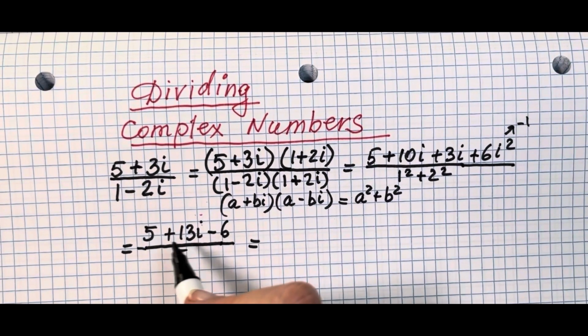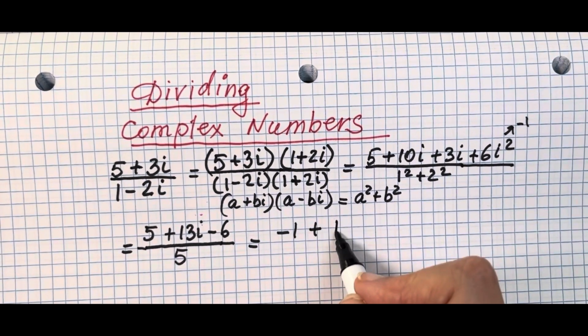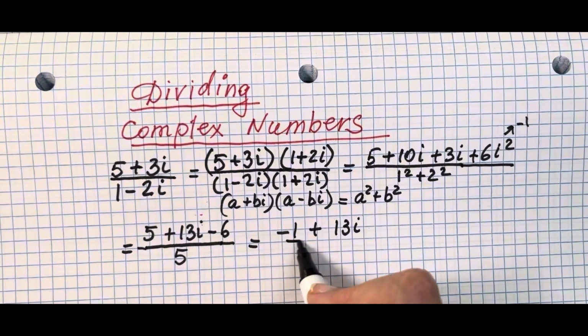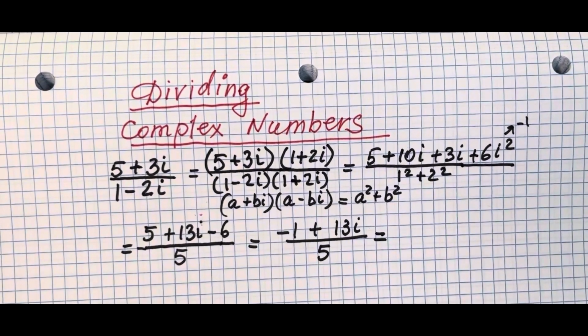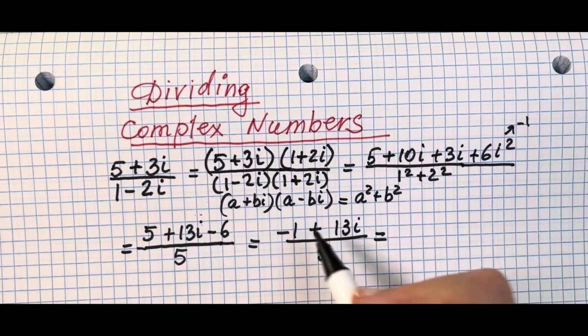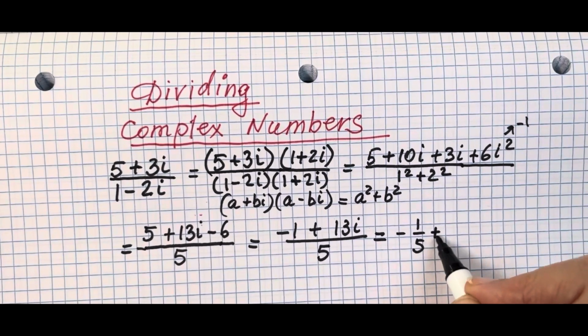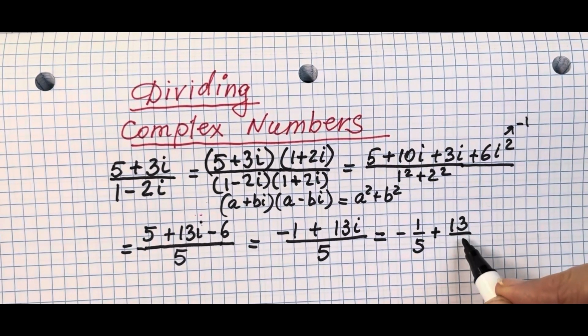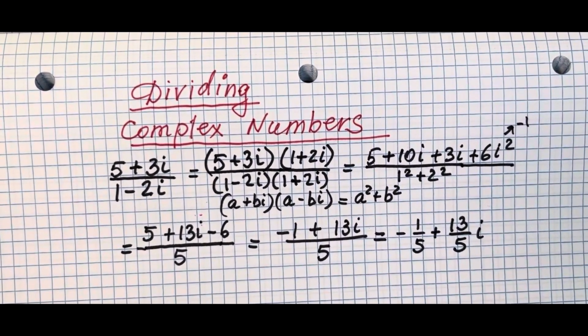Next, 5 and negative 6 gives us negative 1 plus 13i over 5. In the last step, we're going to rewrite in standard form, separating the real and imaginary parts. So we will have negative 1/5 plus 13/5 i. And that would be our answer.